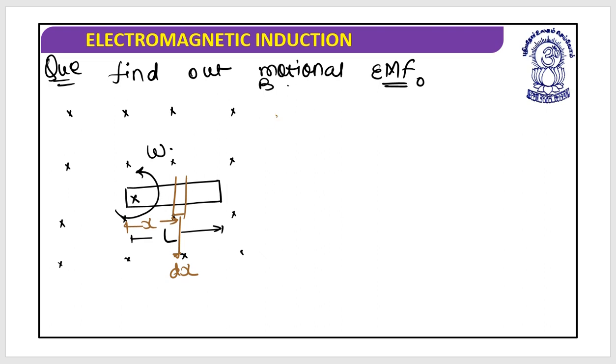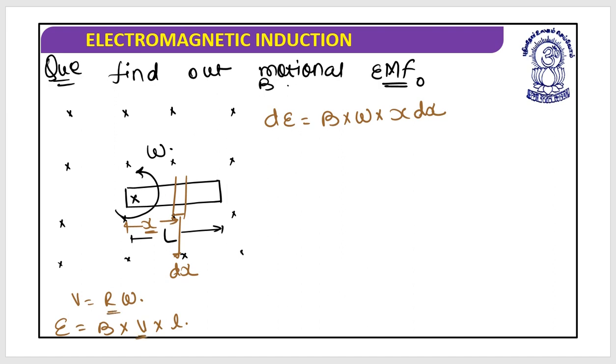So while I write this, dE is equal to B into omega into x dx. I hope this is clear. Yes, we are writing the same thing. Do you know v is equal to r omega? Yes, our master formula is B into v into l. So as it is going to rotate in this direction, x will behave as a radius.